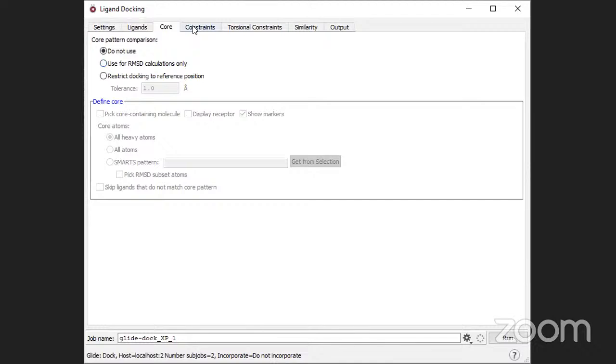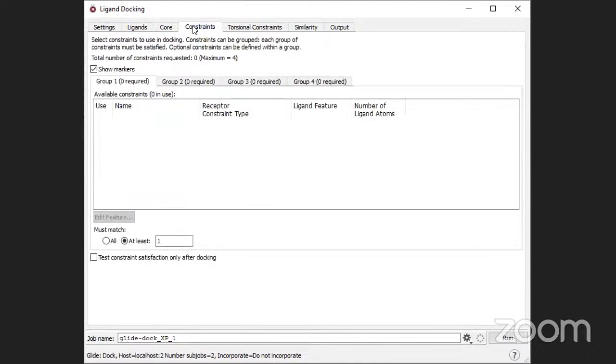Then coming to the constraints, during grid generation we have seen constraints which we can utilize. If you are using constraints, that means you are telling your ligand to make a bond with some metal atom. That means you are specifying that your ligand goes and docks along the same direction. That means you are giving some suggestions to that ligand.